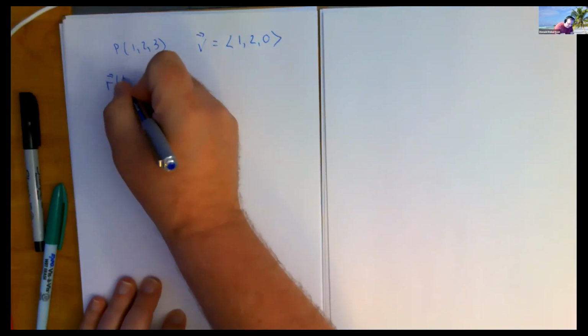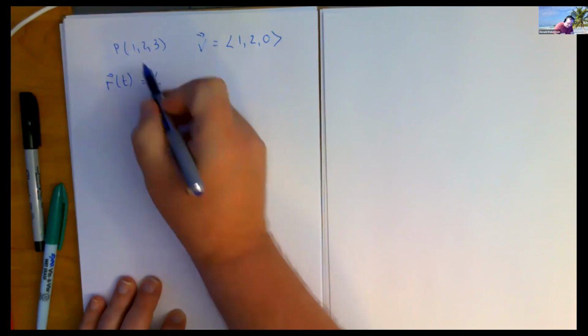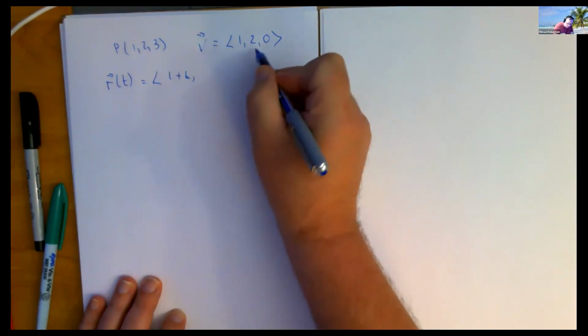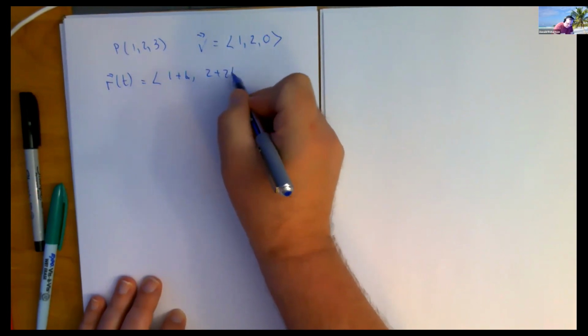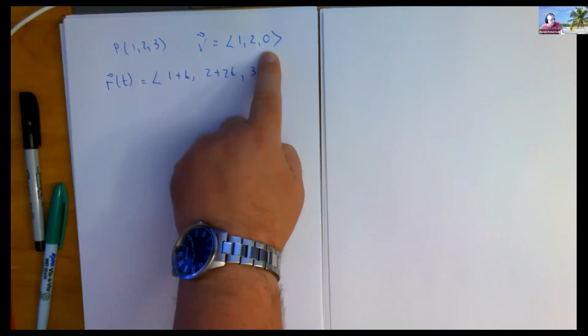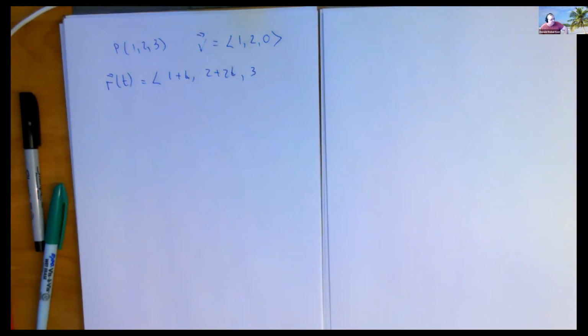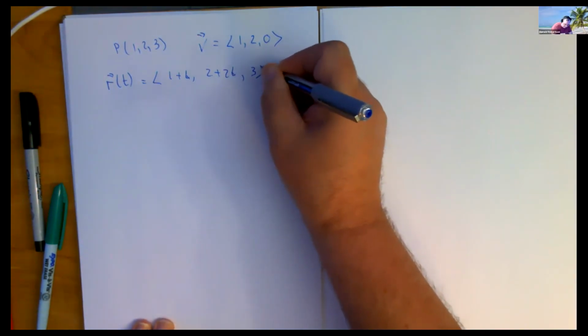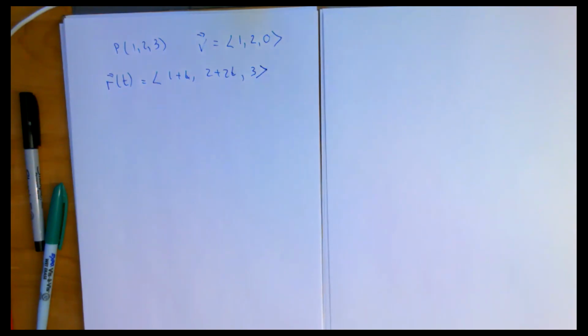Then the parametric equation of this line is 1 plus 1t, 2 plus 2t, and 3 plus what? Wouldn't it just be 3, because it's 3 plus 0 times t? So no big headache.